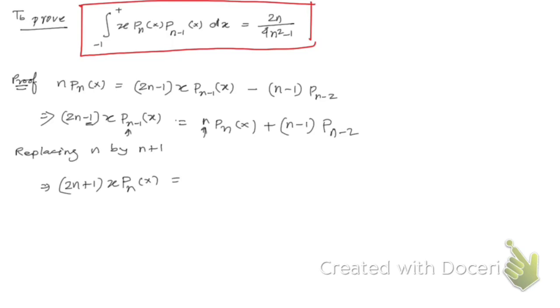Similarly, this n will be n plus 1, so n into n plus 1 into Pn plus 1 of x, plus this n is replaced by n plus 1, then we have minus 1 here, so plus and minus are gone, so that's gonna be n.